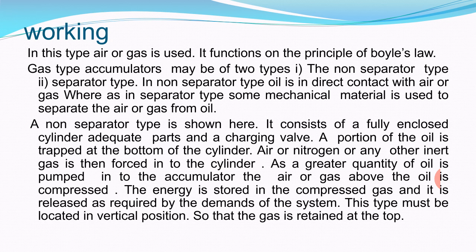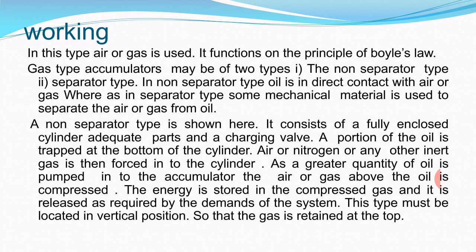Boyle's law states that pressure and volume are inversely proportional at constant temperature. Gas type accumulators may be of two types, non-separator type and separator type. In the non-separator type, oil is in contact with air, whereas in the separator type, some mechanical material like a piston is used between the oil and gas.